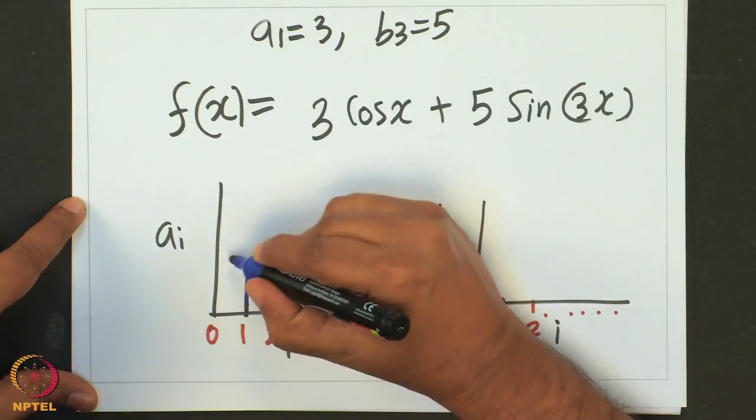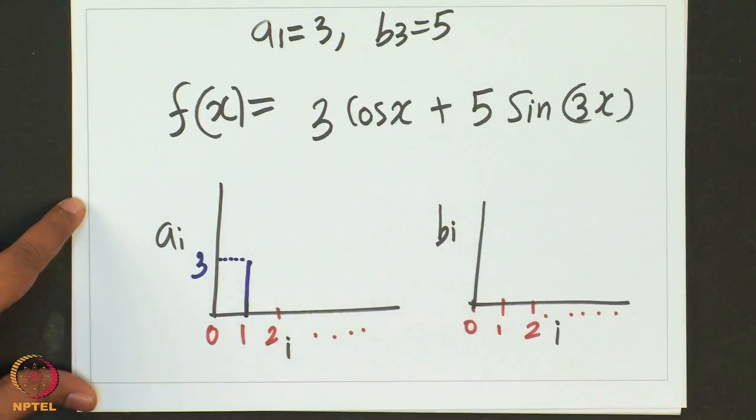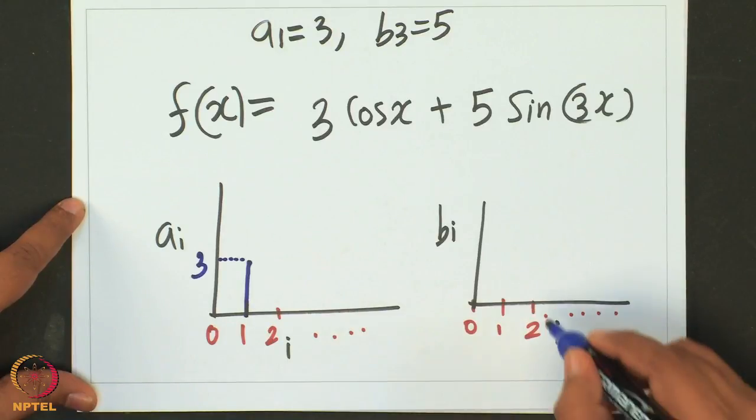A1 here, this value, is 3. All other values are 0. Only this is 3, all other values are 0.